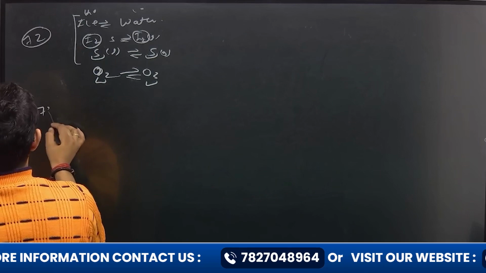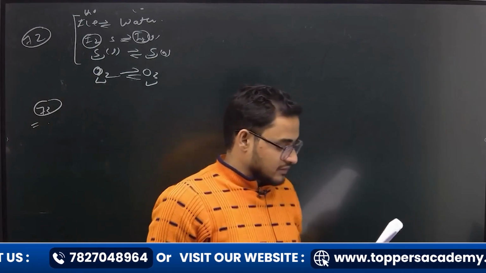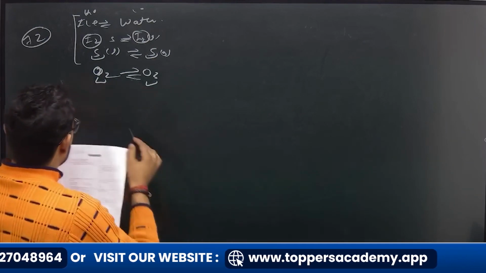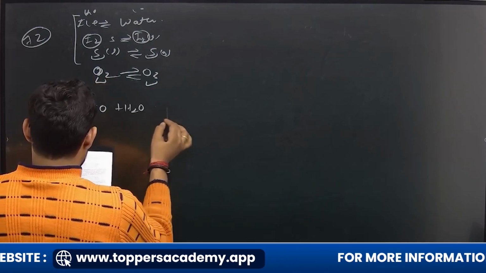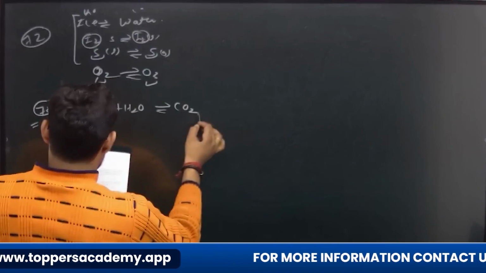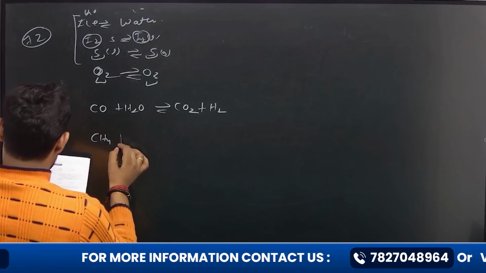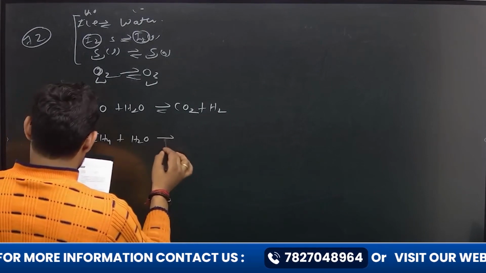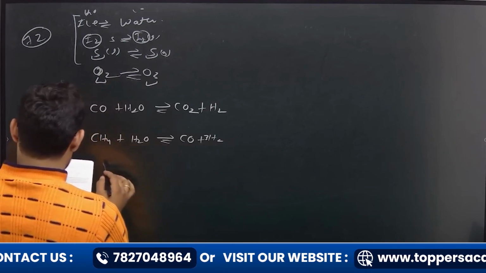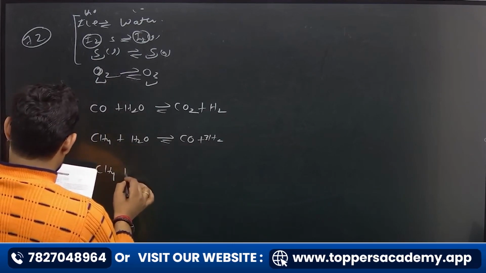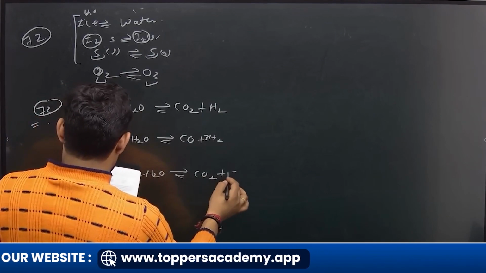Now, question number 73, equilibrium constants. CO plus H2O reversible CO2 plus H2; CH4 plus H2O gives CO plus 3H2; CH4 plus 2H2O gives CO2 plus 4H2.